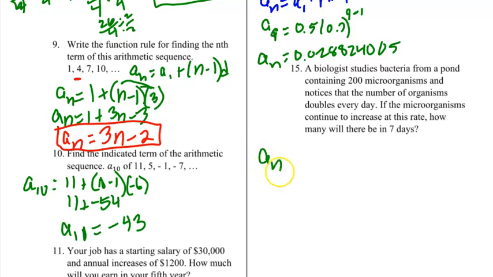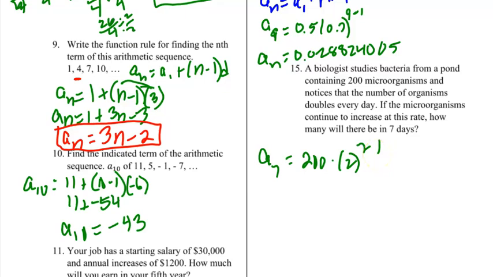So a subscript n equaling, and instead of using subscript n, I'm going to find the seventh term, so in 7 days. So the first term starts off with 200 microorganisms times the common ratio, it's doubling, so that's 2, raised to the n minus 1, so that's 7 minus 1.